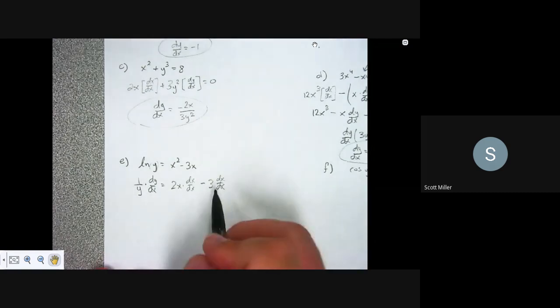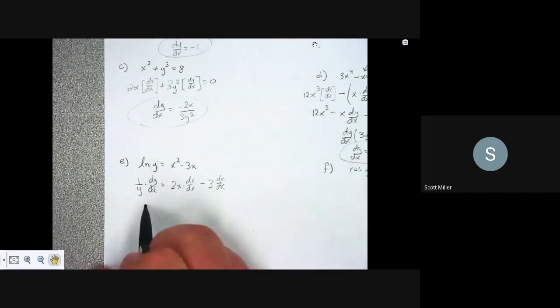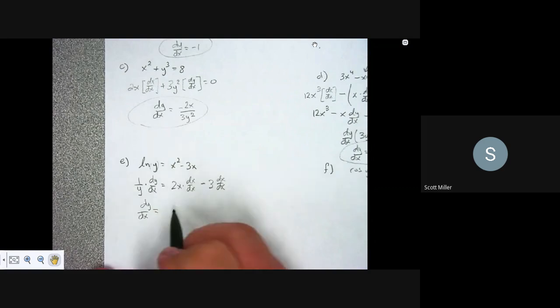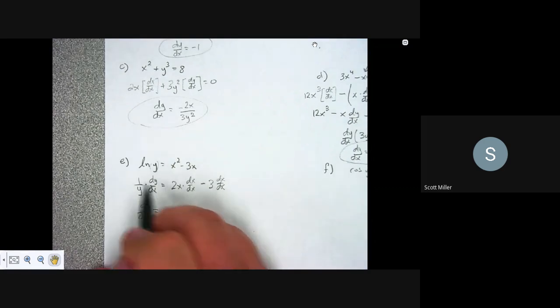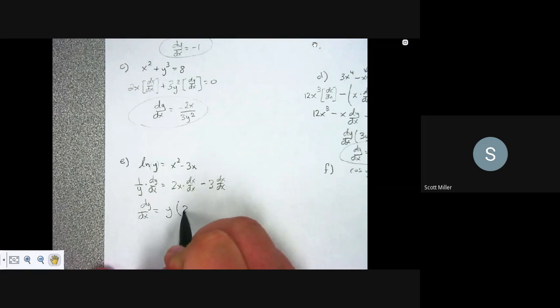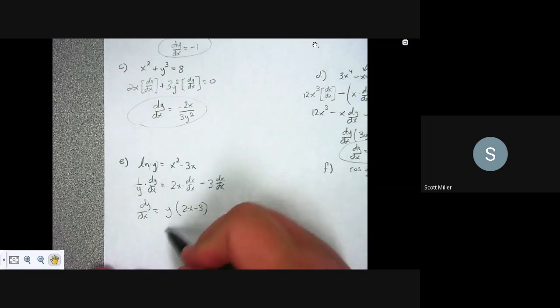And then we can clean all this up and solve for dy dx. So dy dx equals, to move this to the other side, I have to multiply both sides by y. So we get y times 2x minus 3. Okay? But what is y?